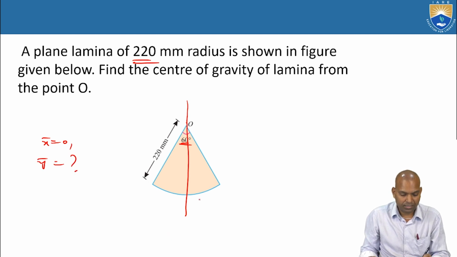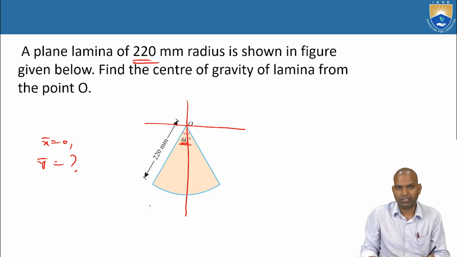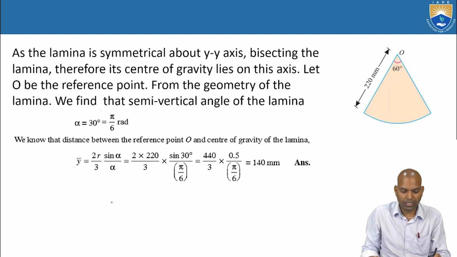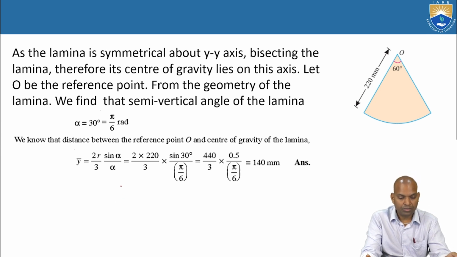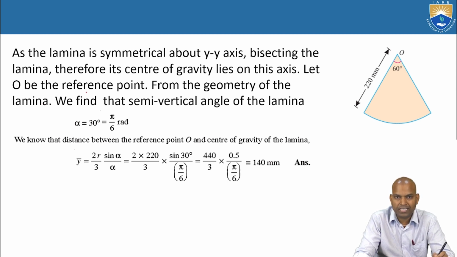So consider the reference axis at the extreme left. For this case, for simplifying, we consider it at O. It is symmetrical about the bar y axis, so bisecting the lamina, the centroid lies on the symmetrical axis.